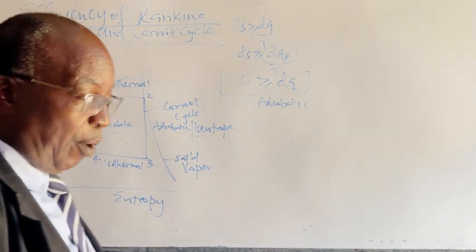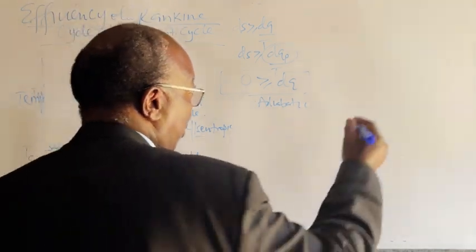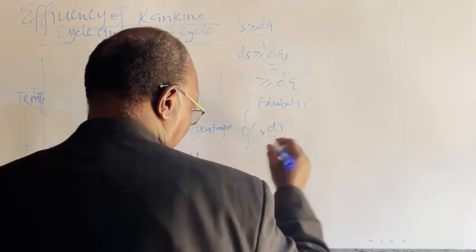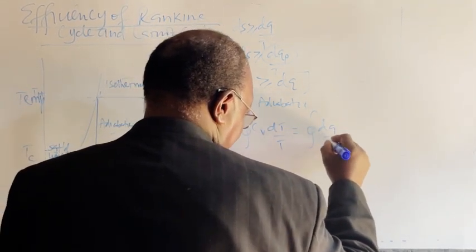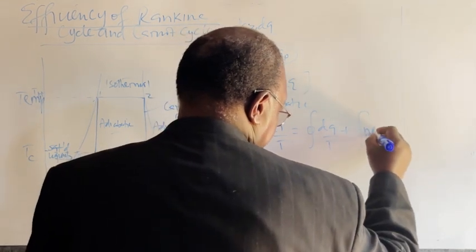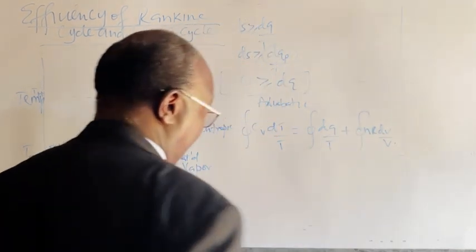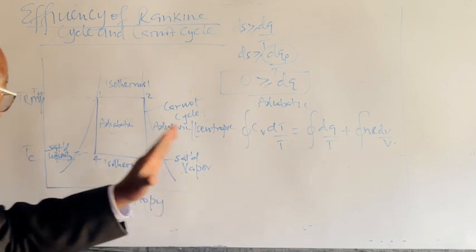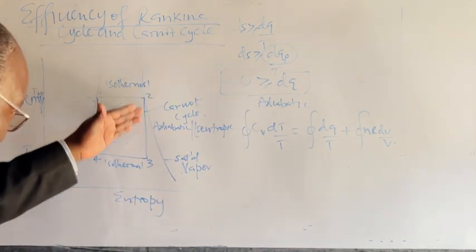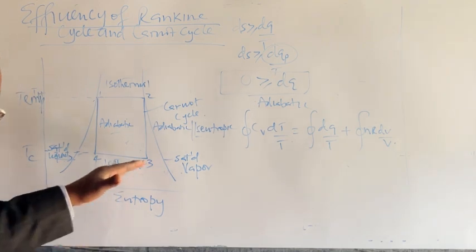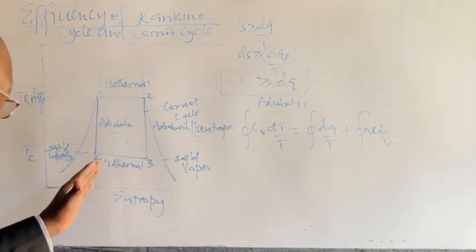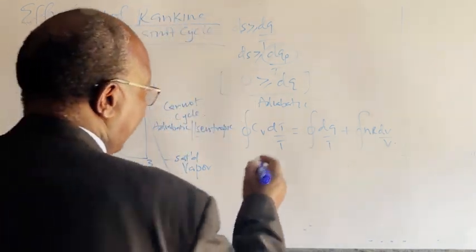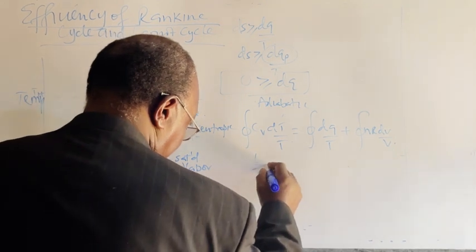And you remember from our earlier discussions on the Carnot cycle, we had said that the cyclic integral of CV dT over T is equal to the cyclic integral of dq over T plus the cyclic integral of nR dV over V. And the cyclic integral consisted of 4 line integrals, for process 1 to 2, 2 to 3, 3 to 4, and 4 to 1, and the same goes for dq over T and nR dV over V. And we saw that this quantity vanishes, is 0.